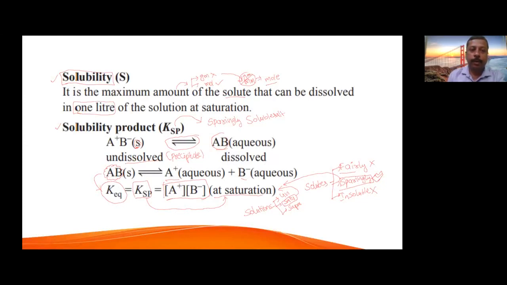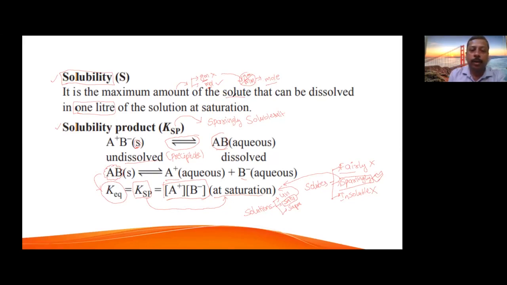Here solubility is the maximum amount of solute. It can be in grams, it can be in moles. If it is in grams, grams is to be converted into moles, by dividing by the molecular mass, then you will get the moles.